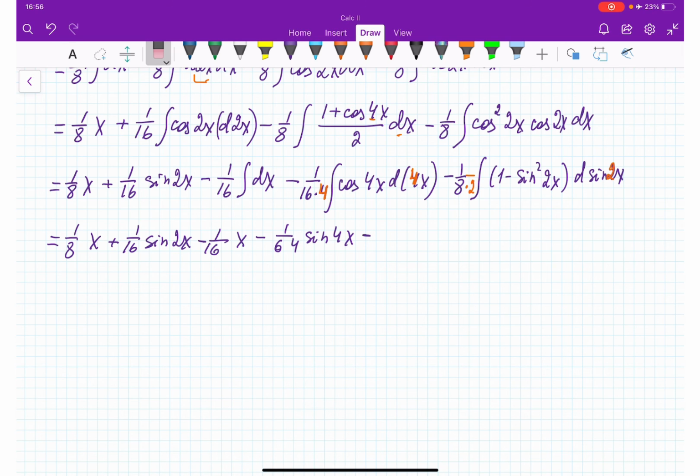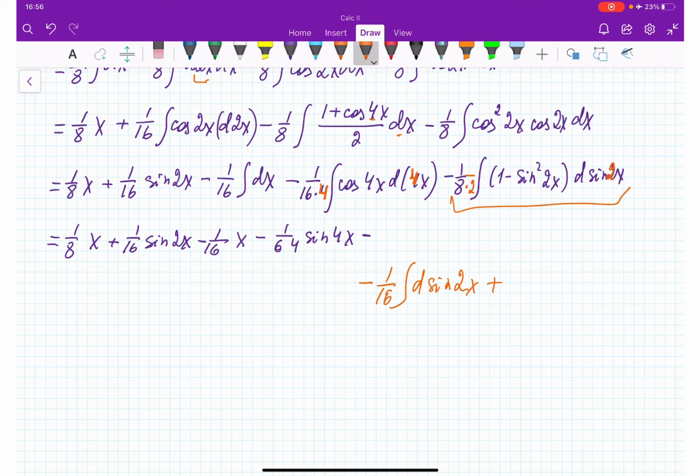So this last integral, let me work out real quick. So negative 1 over 16, I'm breaking down. Here will be d sine 2x. I'm doing this one, yeah?